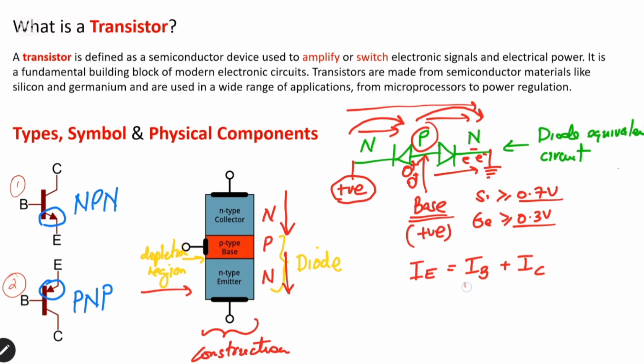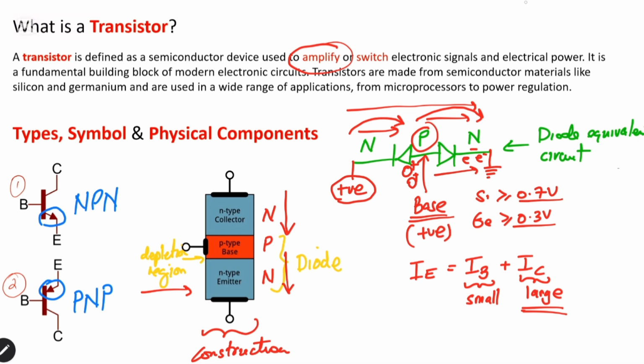Mostly the current through the base will be small, while the current flowing from the collector will be large. In applications where the transistor is used as an amplifier, the majority of the current will be from the collector and not from the base.